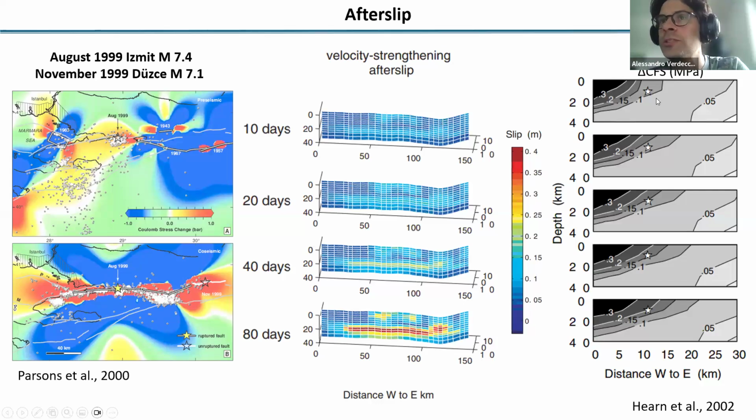The top figure shows the co-seismic stress changes, positive, in megapascal. However, in time, following 20 days, 40 days, and at the end 80 days after the earthquake, the stress changes on the Düzce earthquake hypocenter increased due to this afterslip effect of the Izmit earthquake. So there is a time-dependent increase in stress that follows, let's say, the more instantaneous co-seismic stress increase. That in this case could explain why the triggering of the second event was delayed by a few months.